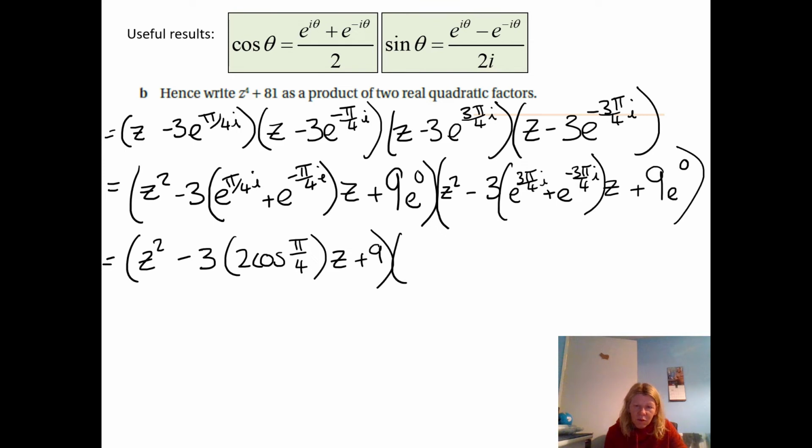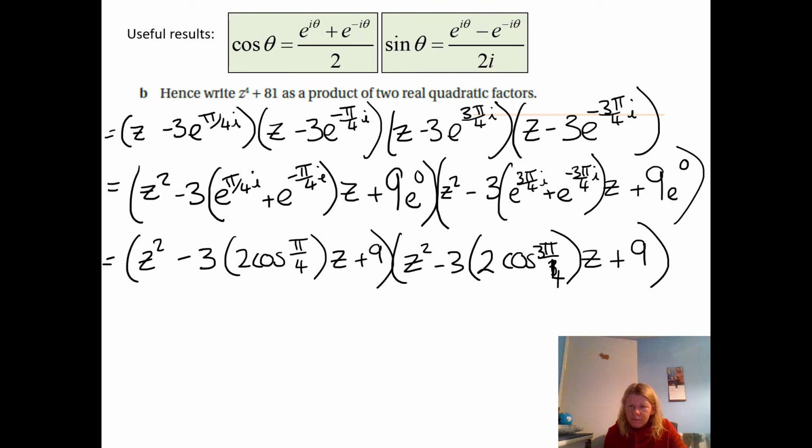And similar with this one, we'll have 3, and then we'll have 2 lots of cos pi by 4, z plus 9. Okay, now if you were to press on your calculator, what is cos pi by 4? Well, what you'd find out is that it's, in fact, I think, root 2 over 2. So what we end up with is what we had before.